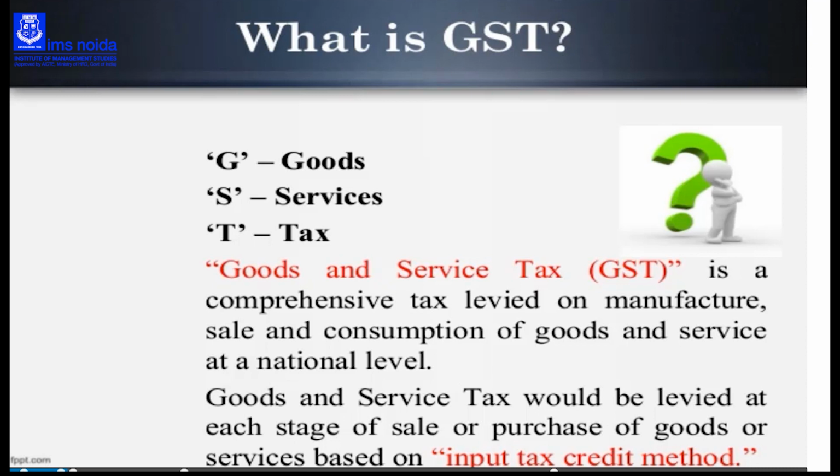Goods and Services Tax is a comprehensive tax levied on manufacture, sales, and consumption of goods and services at a national level. All the products and services which we consume, we pay GST on them, and GST is a type of indirect tax which is levied at each stage of sale or purchase of goods or services based on the input tax credit mechanism.